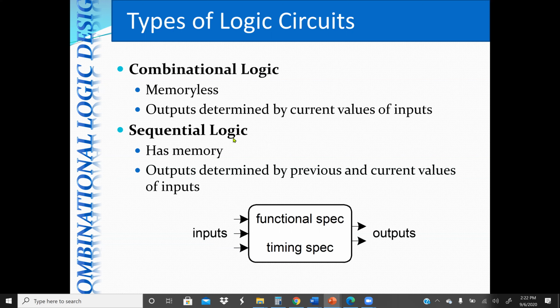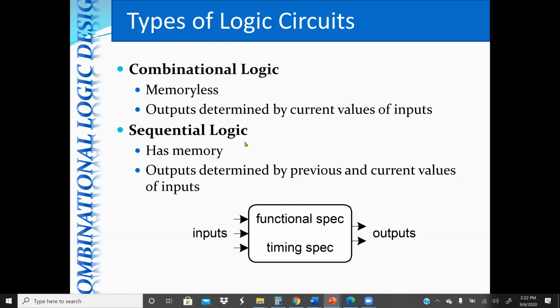But sequential logic, which we are not going to cover in this course, but which is normally covered in a computer architecture course, also has a memory. I may have some input and perform some task, and I may save that in the logic circuit's memory.